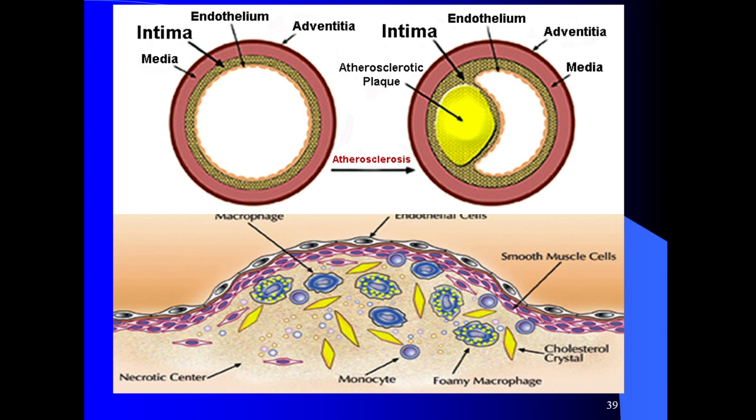Here you can see how the formation of the plaque happens, and you can see that it begins from endothelium and intima, forming a little plaque, and it's of course growing due to atherosclerotic process, and then blocks some part of the vessels.